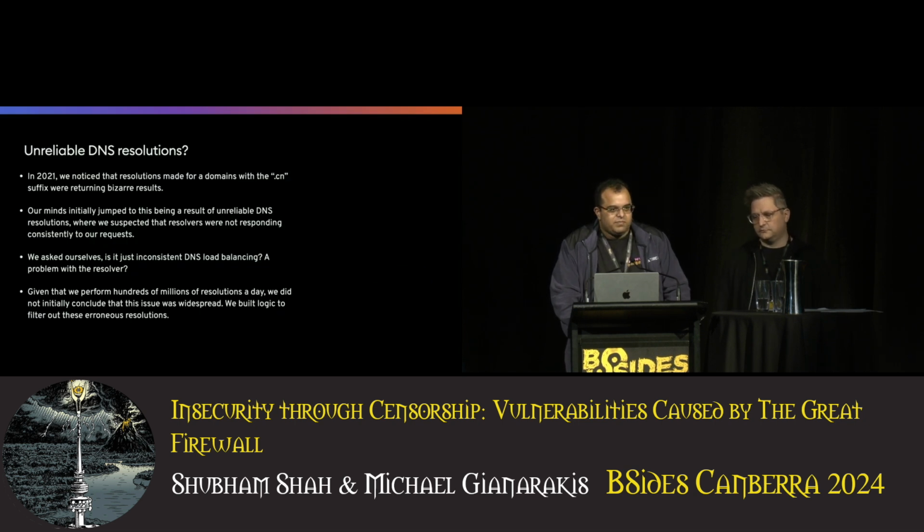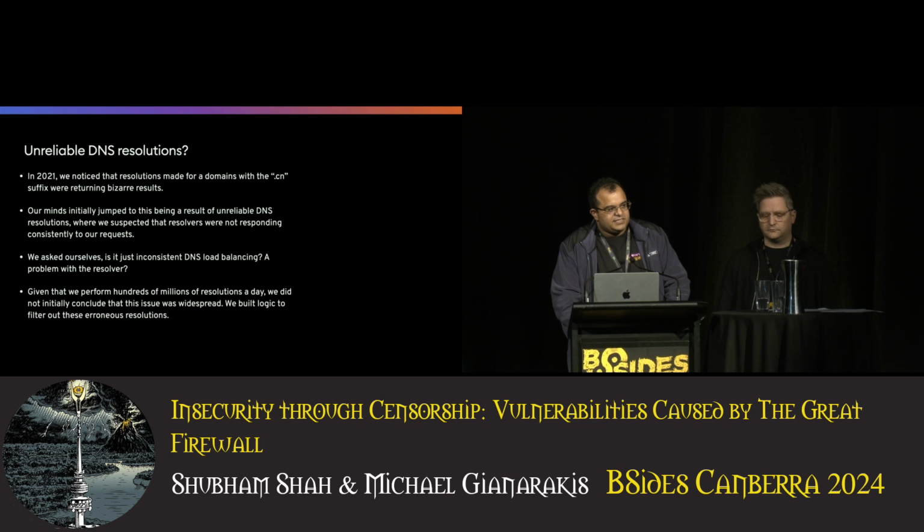So I guess maybe the first question is, how did we come across this? Well, it was 2021, and we started noticing that there were a lot of domains with the .cn suffix that were returning really bizarre results. Initially our minds jumped to the idea that maybe this was just because of unreliable DNS resolutions, and we suspected that maybe the resolvers themselves were not responding consistently to our requests.